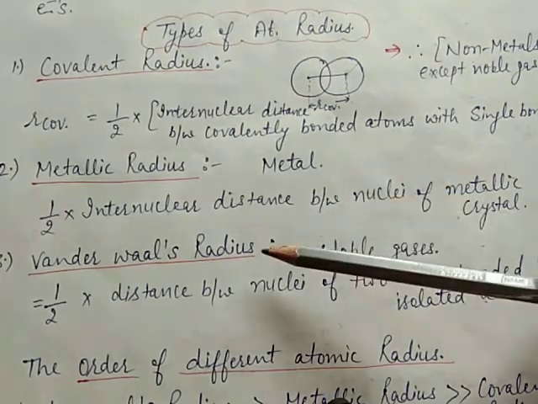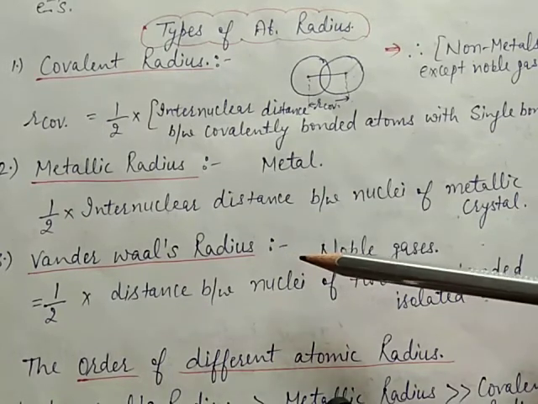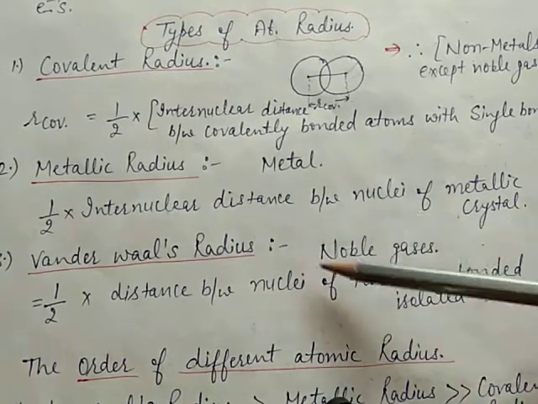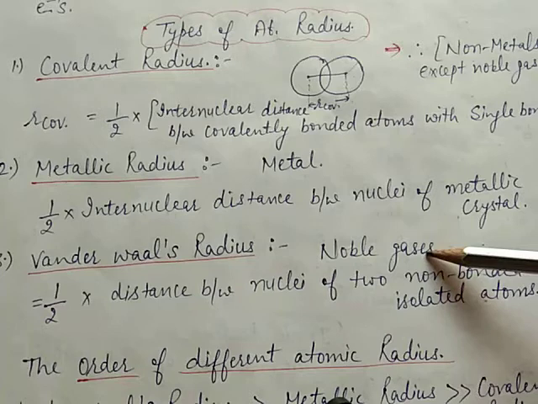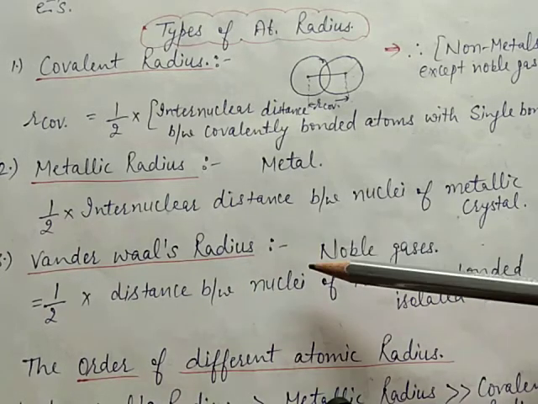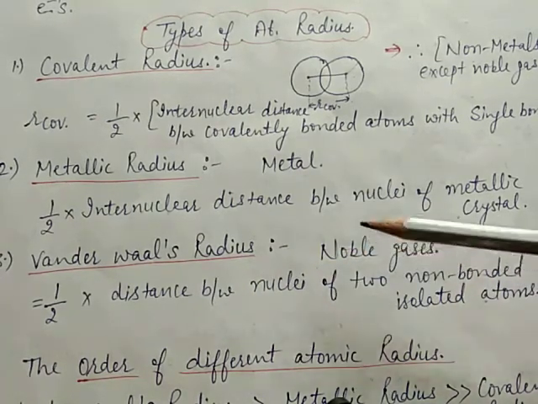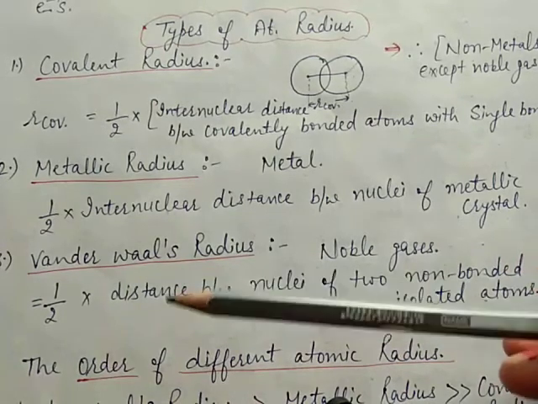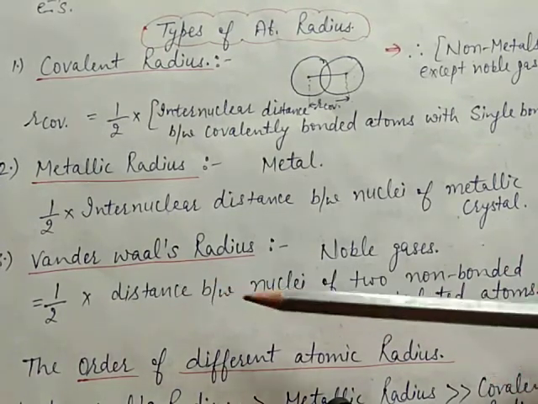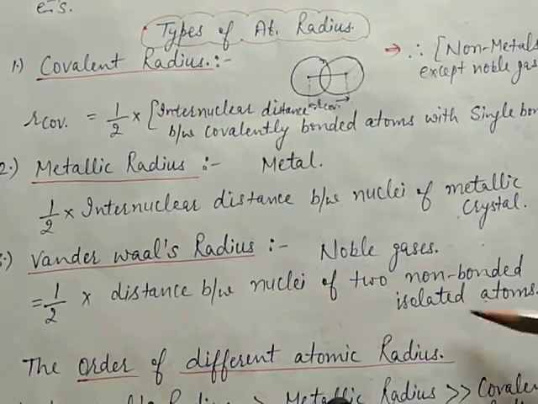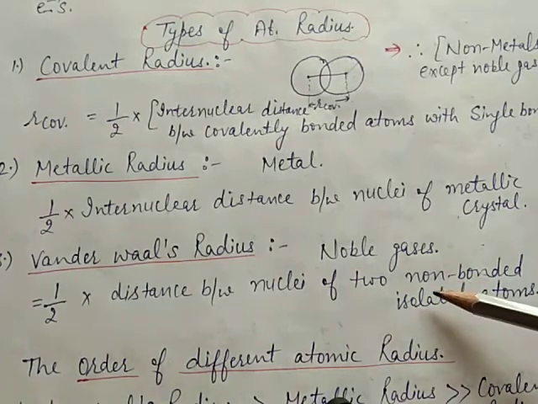Now the third type is van der Waals radius. In the case of noble gases, the atomic radius is called van der Waals radius. It is defined as 1/2 of the distance between the nuclei of two non-bonded isolated atoms.